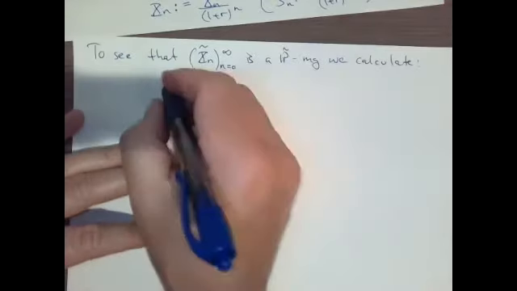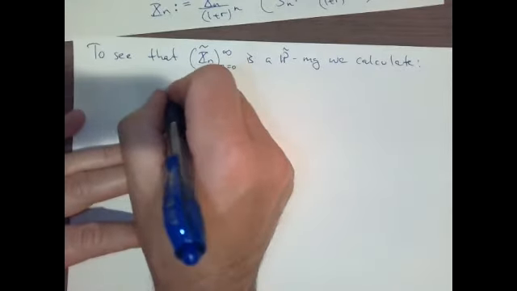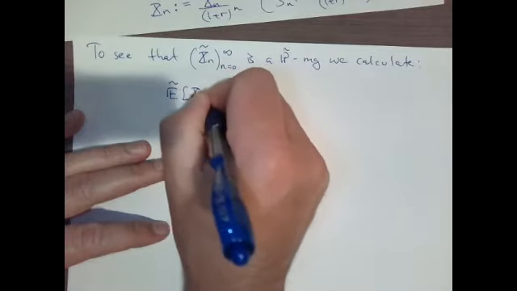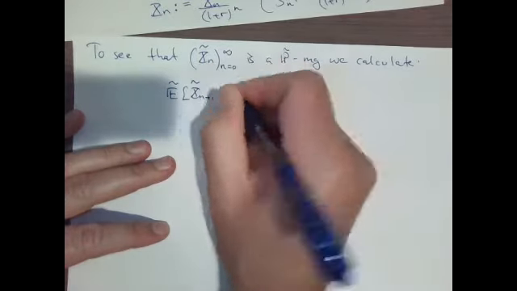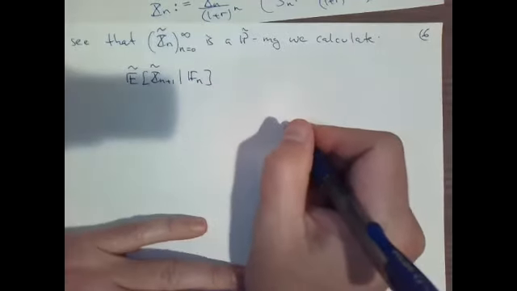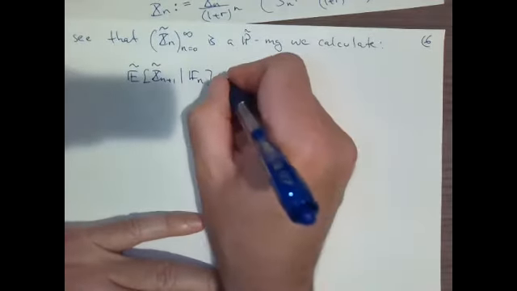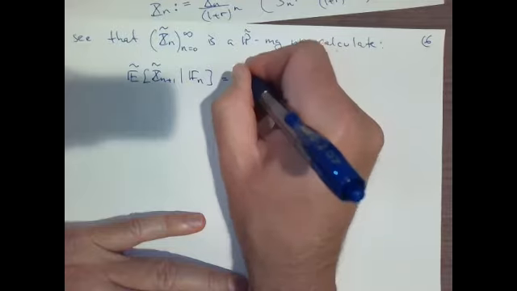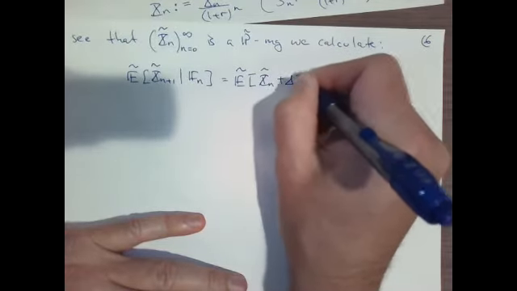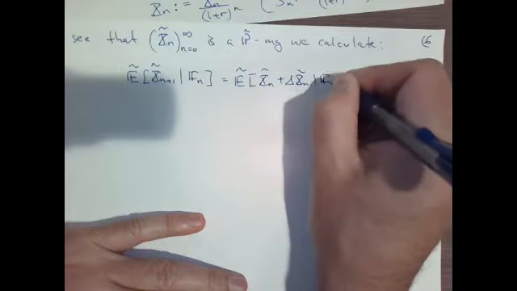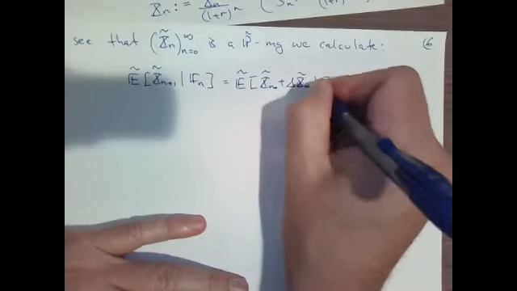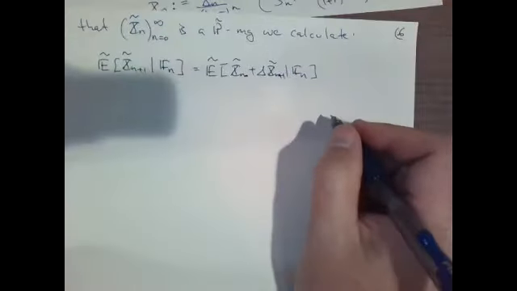What do we calculate? I'm interested in the conditional expectation of xn plus 1 tilde given Fn. What will that be? Well, it'll be equal to E tilde of xn tilde plus delta xn plus 1 tilde.